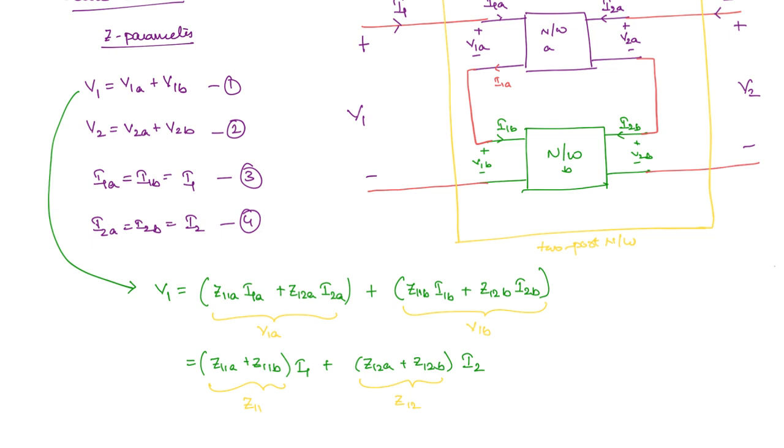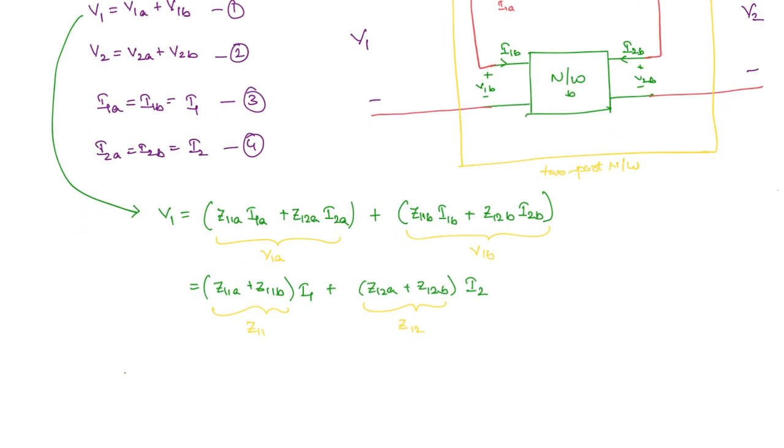V1 is equal to something into I1 plus something into I2. Now this something will be Z11 and this something will be Z12. And you can see that Z11 is the addition of the individual elements of the individual two-port networks, network A and network B. You will write in the matrix form, it will become more clear to you.